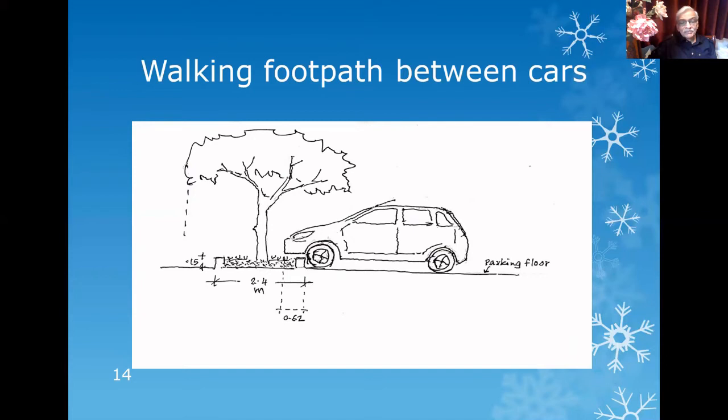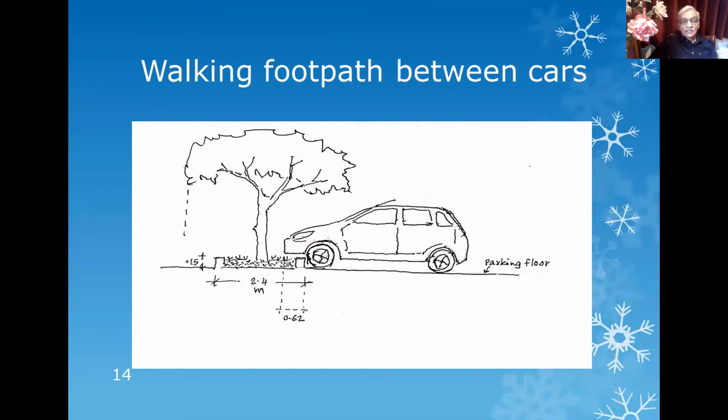At the same time, when you park the car, the tire of the car will touch the curb, and the driver will know that now it's time to switch off the car and park it properly. For that purpose, the curb or the car stoppers become a very important aspect in car park design.